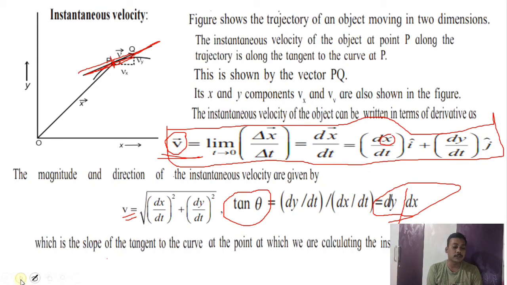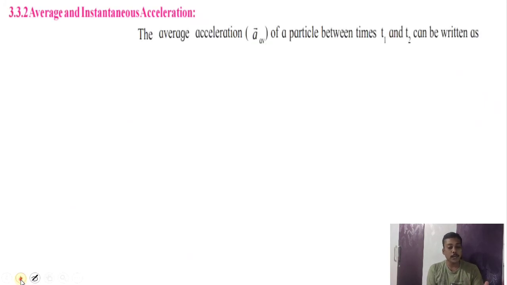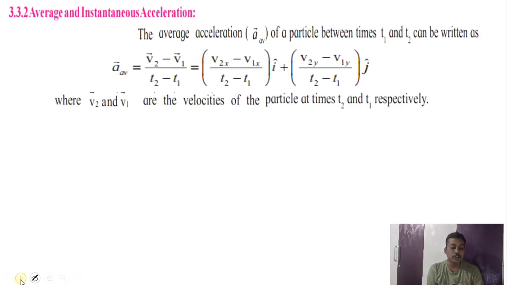After instantaneous velocity, average acceleration is there. Average acceleration is v2 bar minus v1 bar upon t2 minus t1. Taking the x and y components of velocity, it is v2x minus v1x upon t2 minus t1 into i cap, plus v2y minus v1y upon t2 minus t1 into j cap. So we write the equation for average acceleration in vector form, that is, the x component of average acceleration, a average x, i cap, plus a average y, j cap.